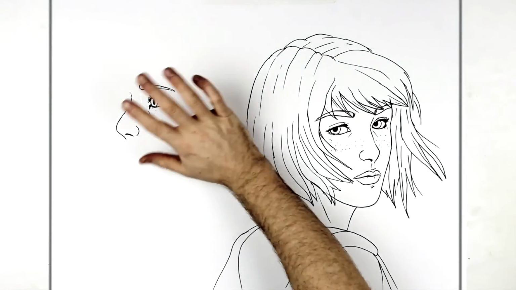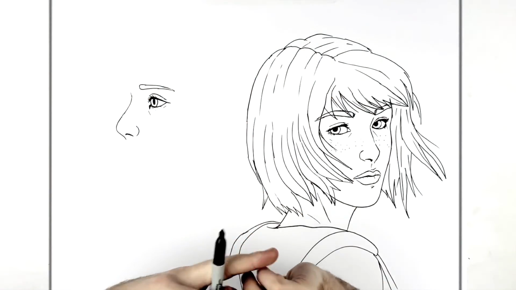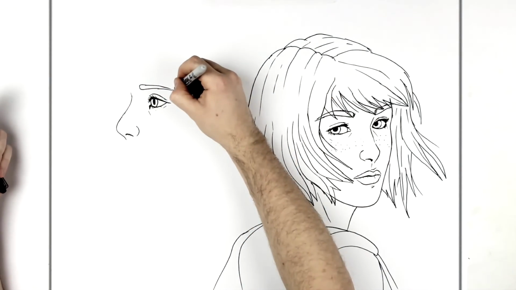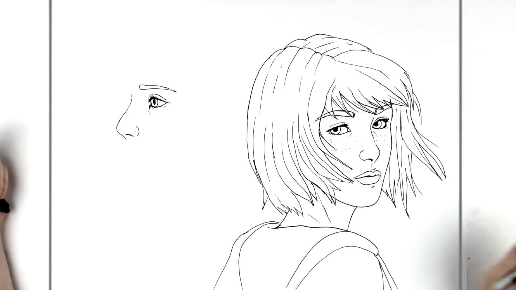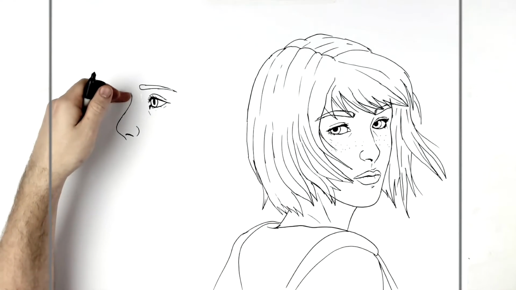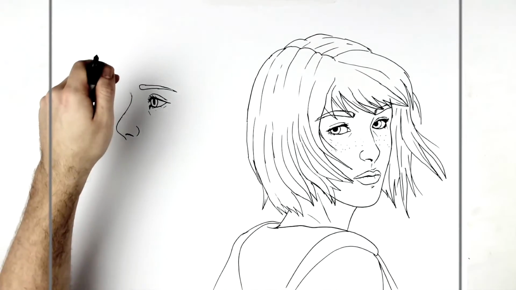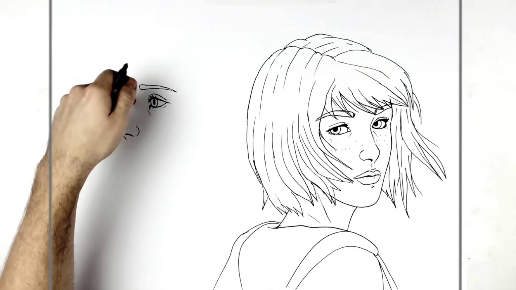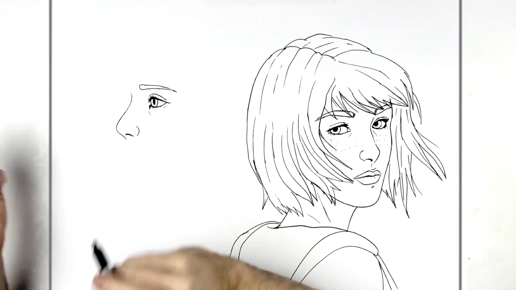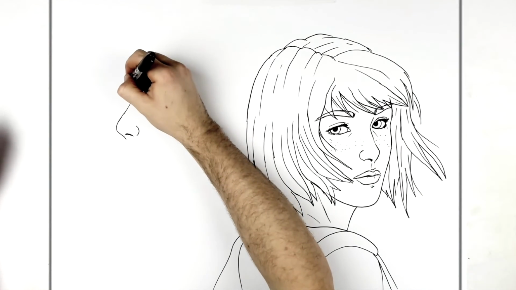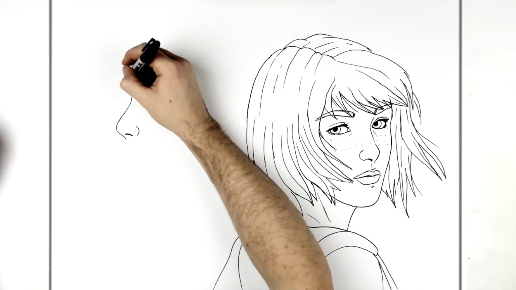Sometimes with female characters, more wrinkles and stuff doesn't really work. So I'll just do a little bit less there. Right, so we'll go down. She's got another eye on this side that you can see just in between her nose and her cheek. So the eyebrow is here, so we'll draw that in.